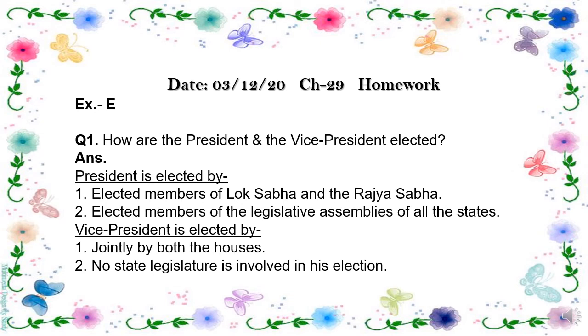Answer: the President is elected by elected members of the Lok Sabha and the Rajya Sabha, and elected members of the legislative assemblies of all the states. Now, the Vice President is elected jointly by both the houses. No state legislature is involved in his election. So this is your question number 1 and answer number 1.